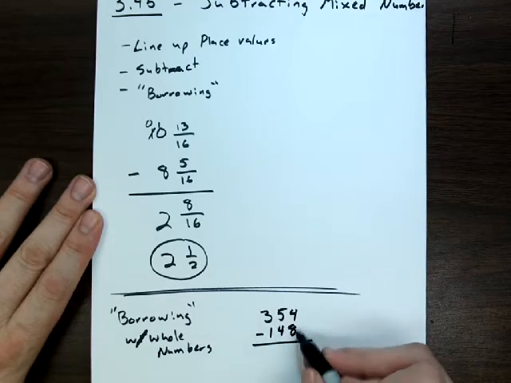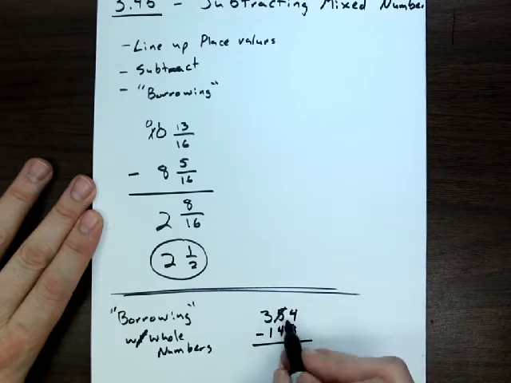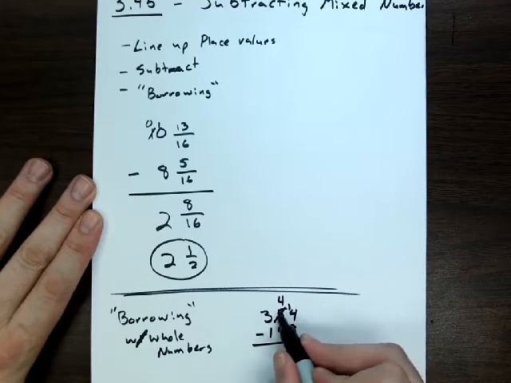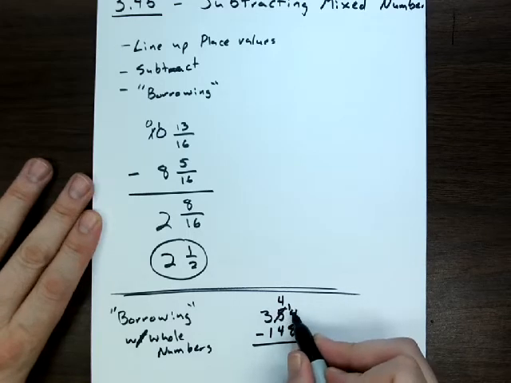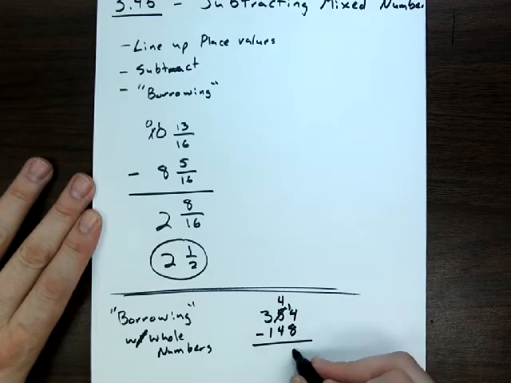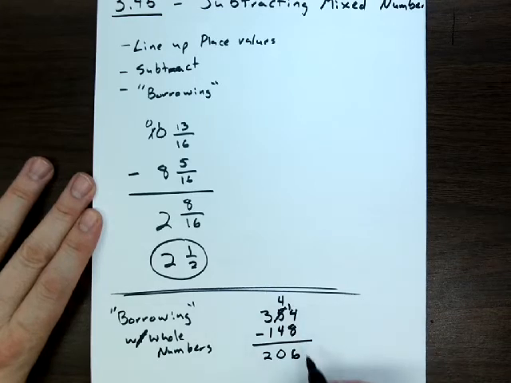I can't take 8 from 4, so I go over here and borrow from our tens place. And I add 10 ones to our ones place. 14 minus 8 is going to be 6. 4 minus 4 now is going to be 0. 3 minus 1 is going to be 2. So that's how we borrow with whole numbers.